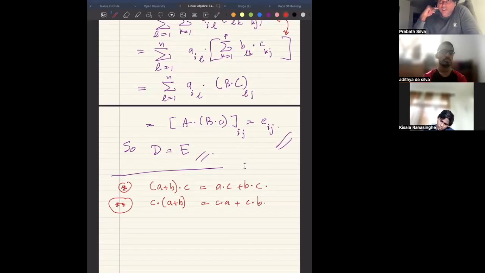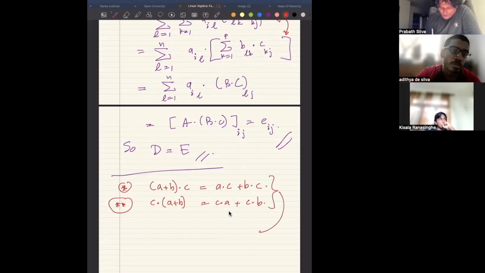These things are called distributive properties.